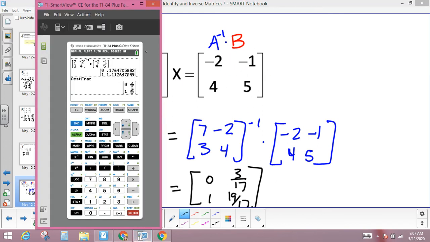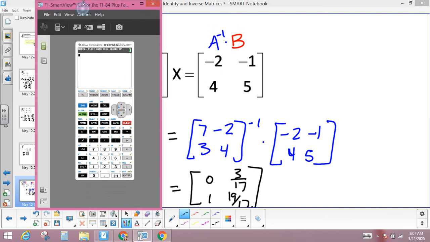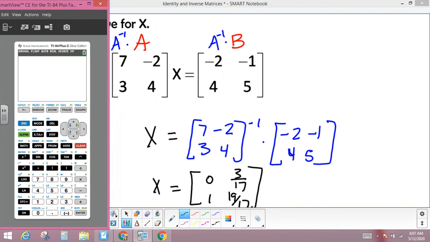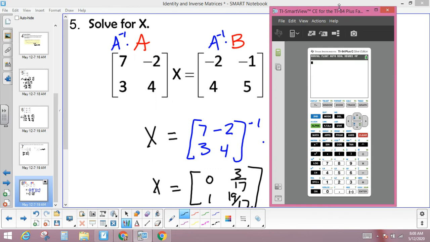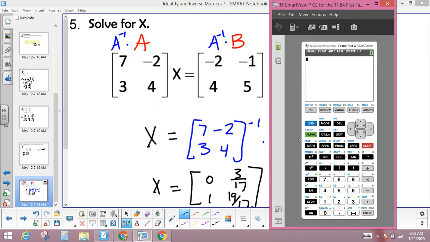All right, so if we're using the second matrix version of this, then what I'm going to do is do A inverse times B. So I'm going to slide this way over here so I can see what I got going on. Okay, so we're going to go second matrix over to edit, tell it we want a 2 by 2, type in matrix A, that should be a 4.